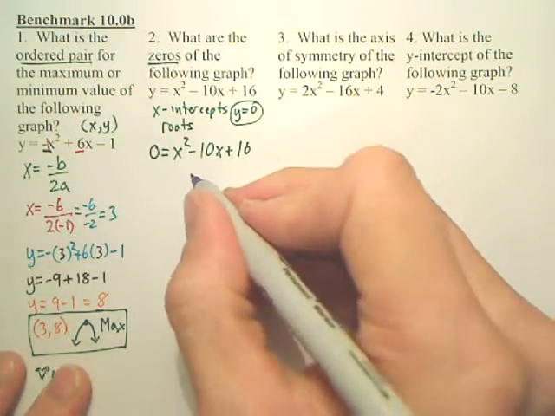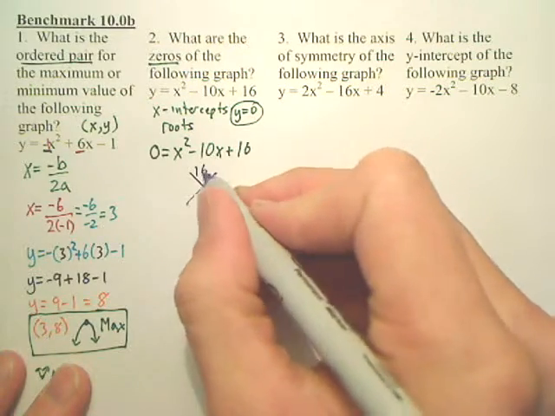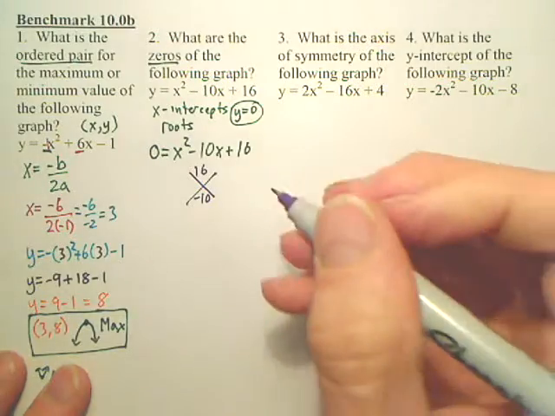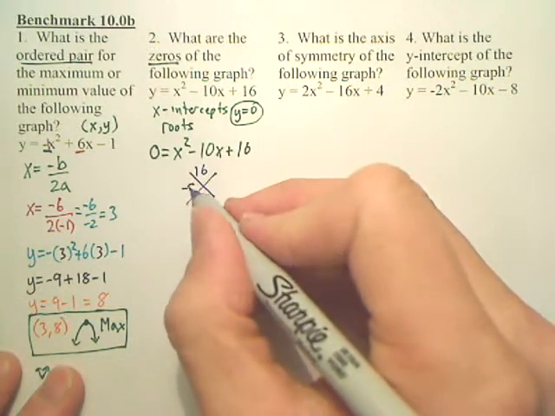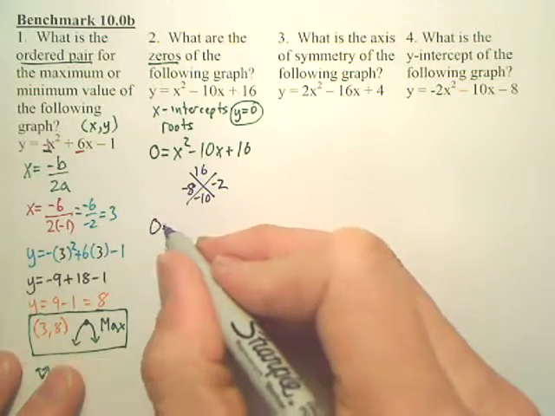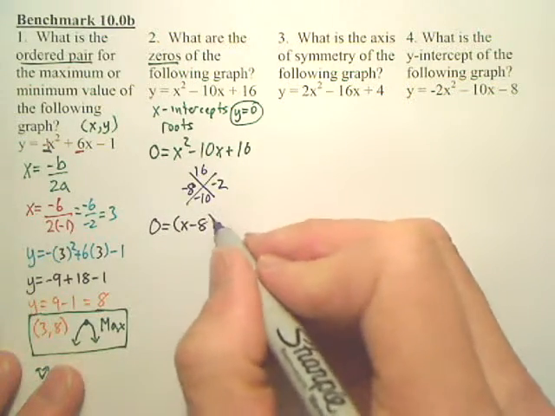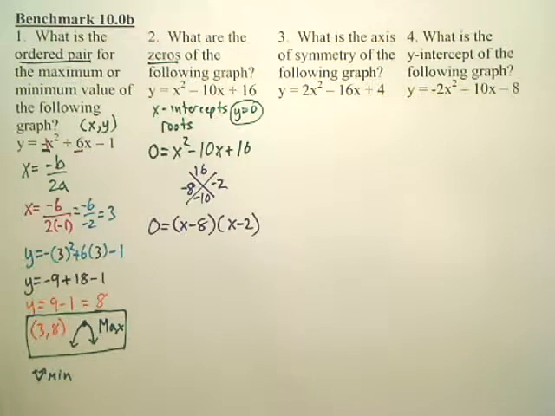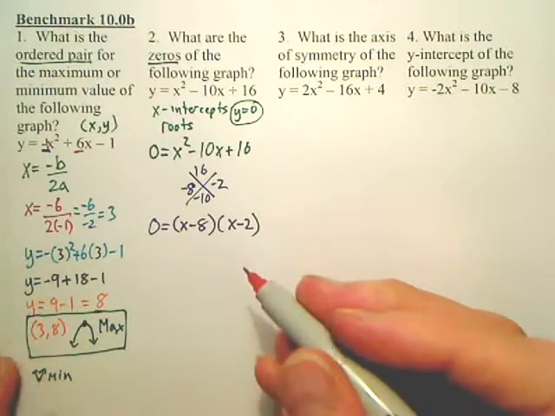Now how do you solve this? Well, you factor. 16, negative 10. That looks like negative 8 and negative 2. Okay, what do we do next?